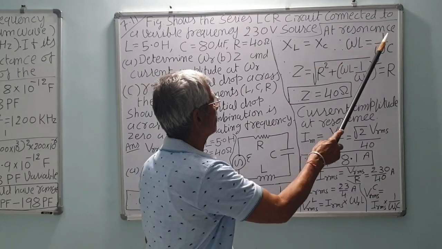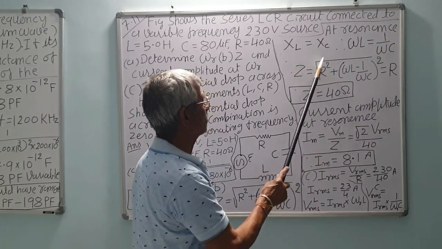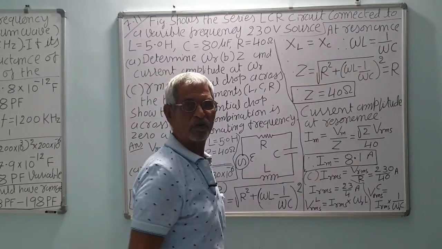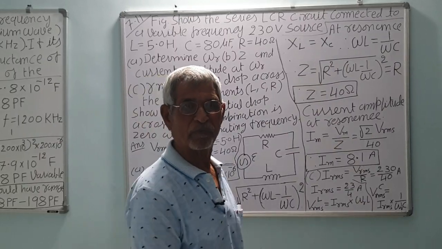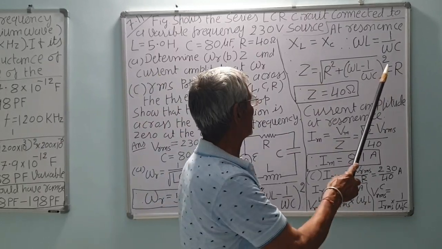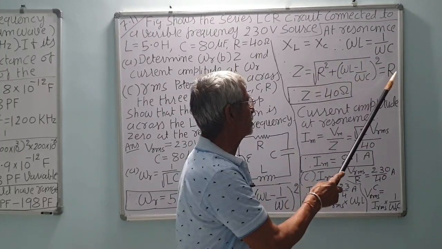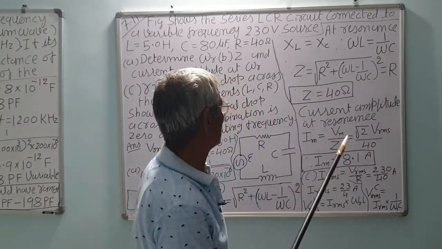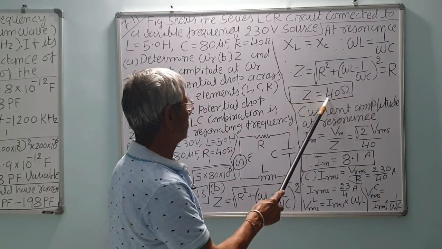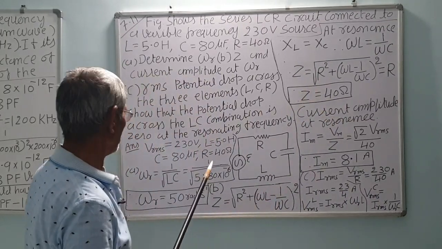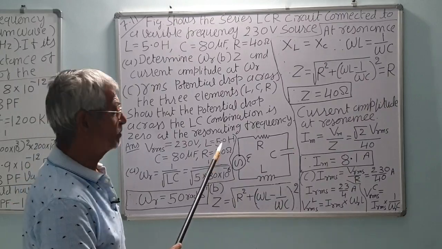So the difference will be 0. So Z is equal to under root R square, and the bracketed term omega L minus 1 upon omega C squared will be 0. So Z is equal to under root R square, that is R. So Z is only R, and the value of R is already given, it is 40 ohms.